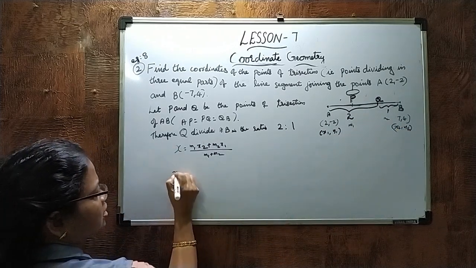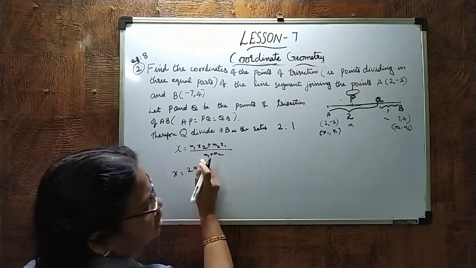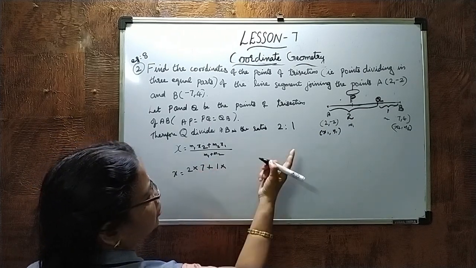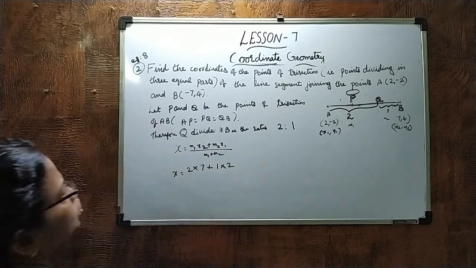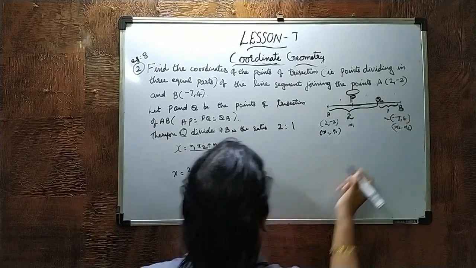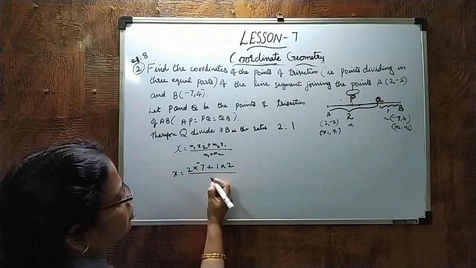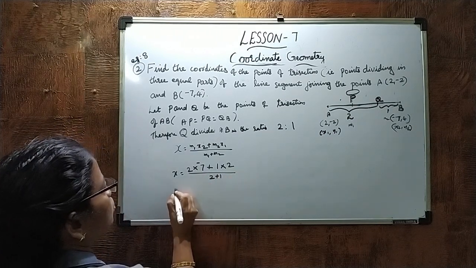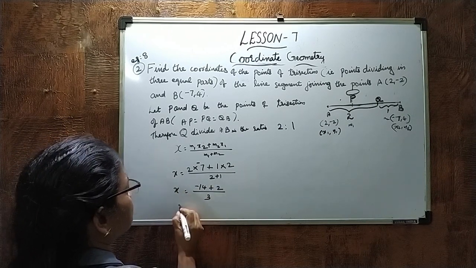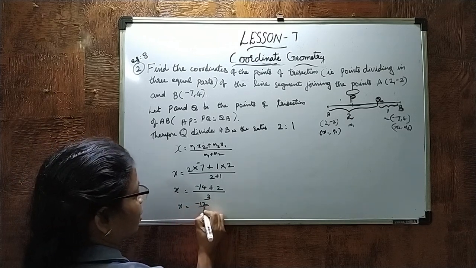Now apply it. x is equal to m1, which is 2, so 2 into x2 which is negative 7, plus m2 is 1 into x1 which is 2, divided by m1 plus m2, 2 plus 1. So x is equal to negative 14 plus 2 divided by 3. Negative 14 plus 2 is negative 12 by 3.